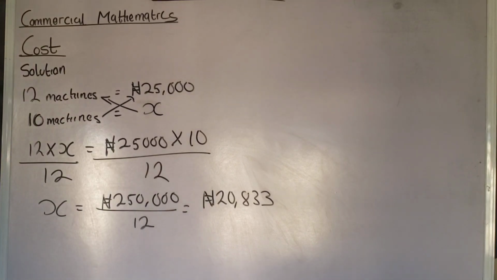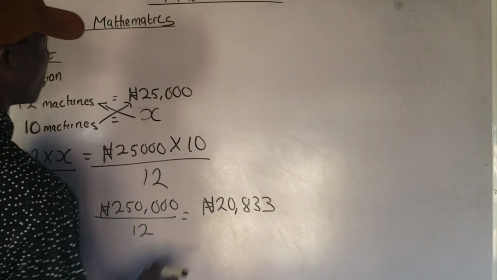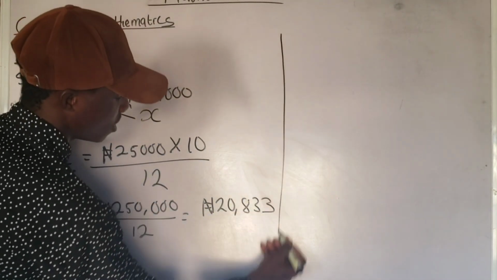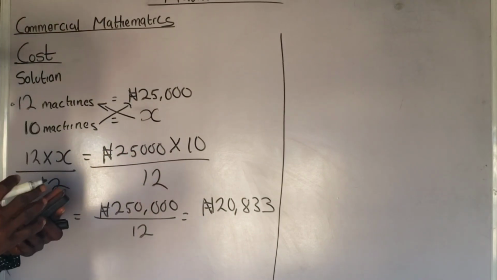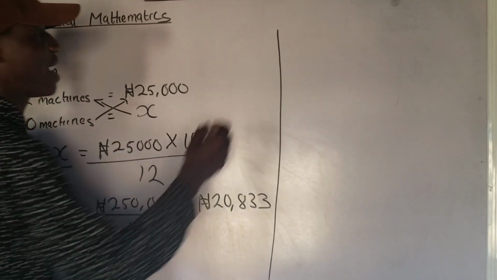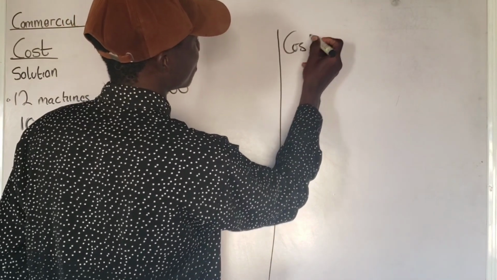Now let's proceed to the second question. We are asked to determine the number of such machines that 175,000 naira can buy. Now we are given the cost, 175,000 naira. Please kindly pay attention.